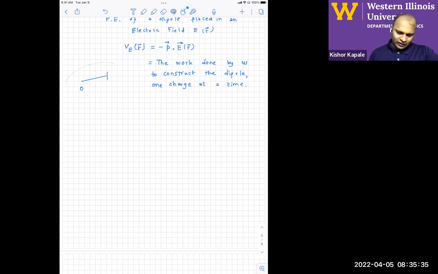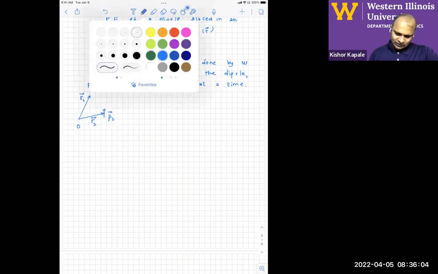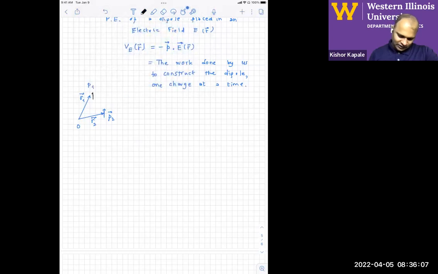Now let's go with a slightly different situation. So now we have 2 dipoles, right? So I have one dipole here, let's call it P2, another dipole here, let's call it P1. And so you have the position vectors for both of them. R2 is the position vector for P2. R1 is the position vector for P1. I'm going to move this slightly. Let's actually use a different color for the dipole.